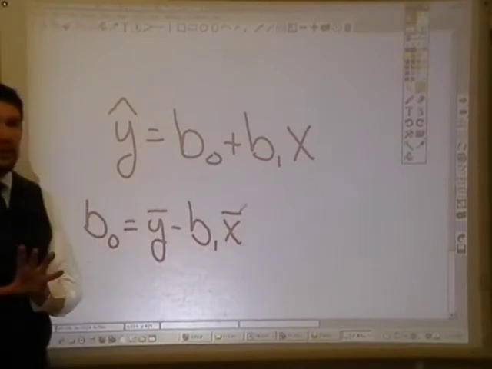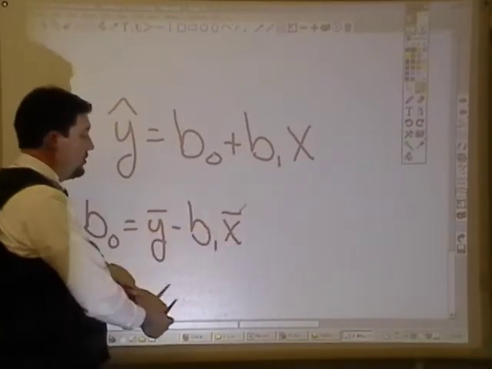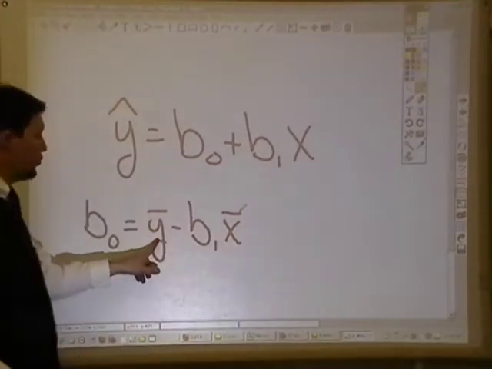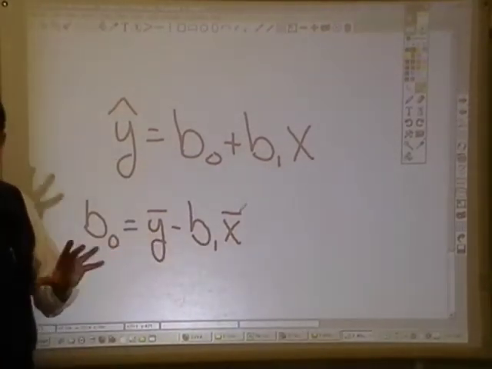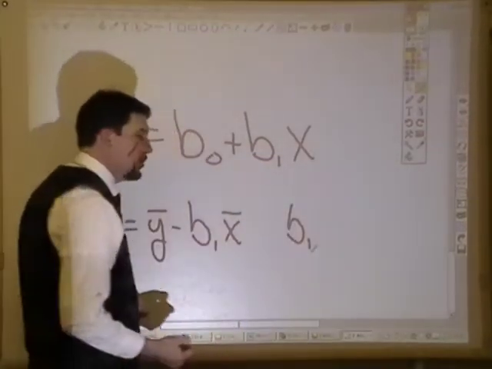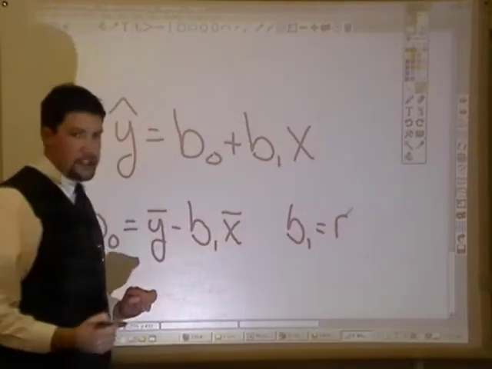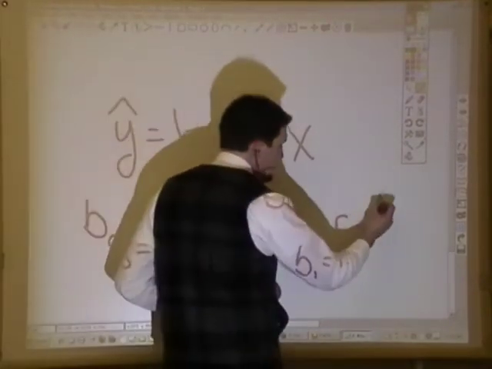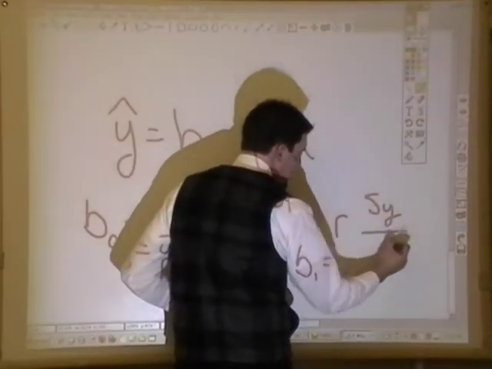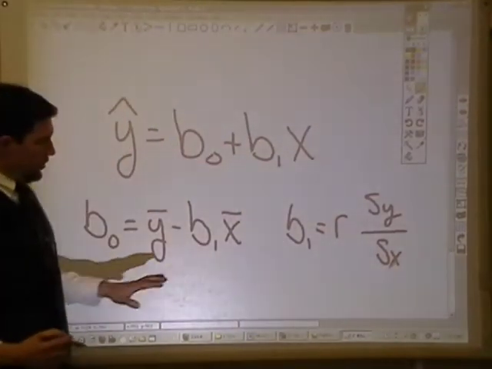Here we have y bar and x bar. We talked about the mean point. There it is right there: there's the mean in x and there's the mean in y. The other formula is for finding the slope. Slope is equal to r, the correlation coefficient, times the standard deviation of y over the standard deviation of x.